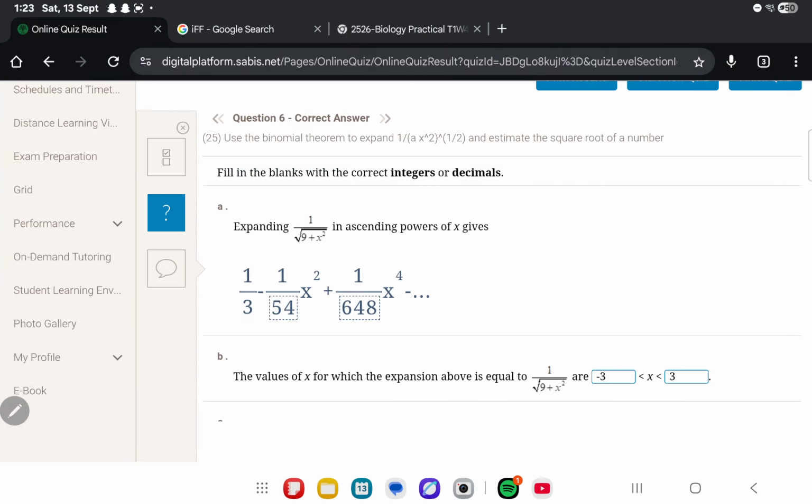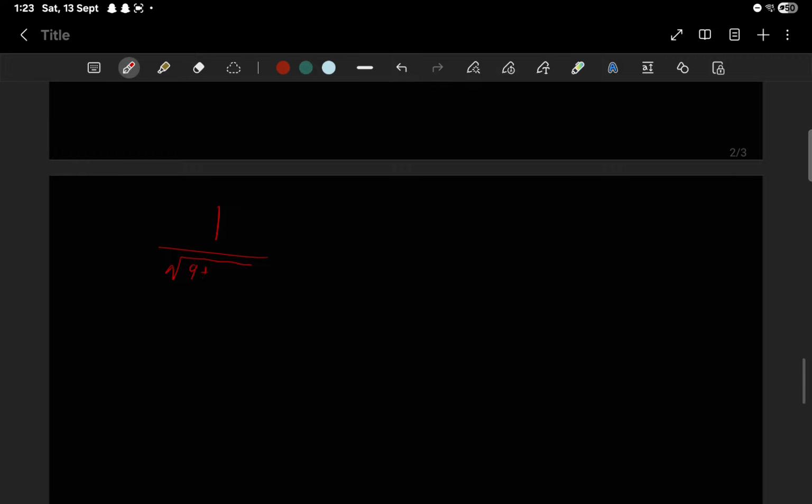1 over radical 9 plus x squared. Okay, so this is going to equal 9 plus x squared to the power of negative 1 over 2, because we took it up.